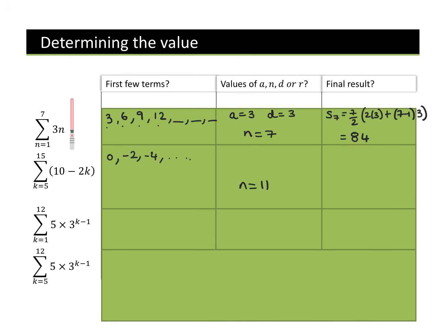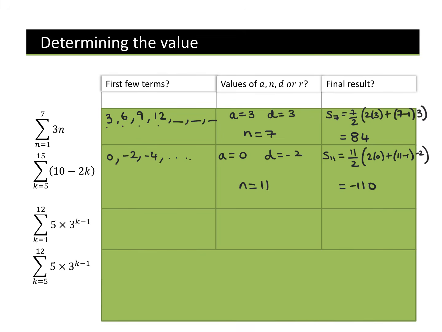When we're multiplying and taking away, this is going to be arithmetic. A geometric one would be to the power of. So our a is 0 and our difference is negative 2. Now to find the sum of the first 11, which is 11 over 2, multiplied by 2 lots of 0, plus 11 minus 1 lots of our difference. It gives me the sum of the first 11 terms, which is minus 110.